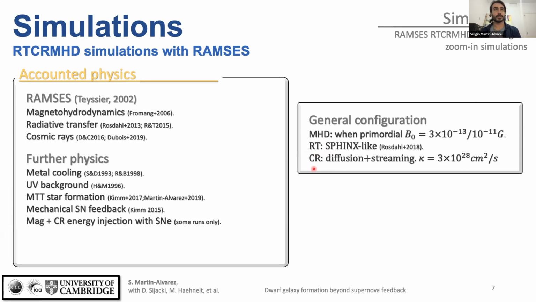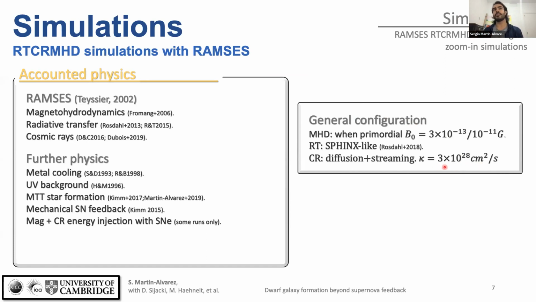And then finally, for cosmic rays, we account for both diffusion and streaming, which implies two kinds of kinematic dynamics for this component on top of the usual advection. And then for the diffusion coefficient, this is perhaps a more interesting parameter that is more of a free parameter in simulations, right? Because first of all, most of us these days are using a constant coefficient.